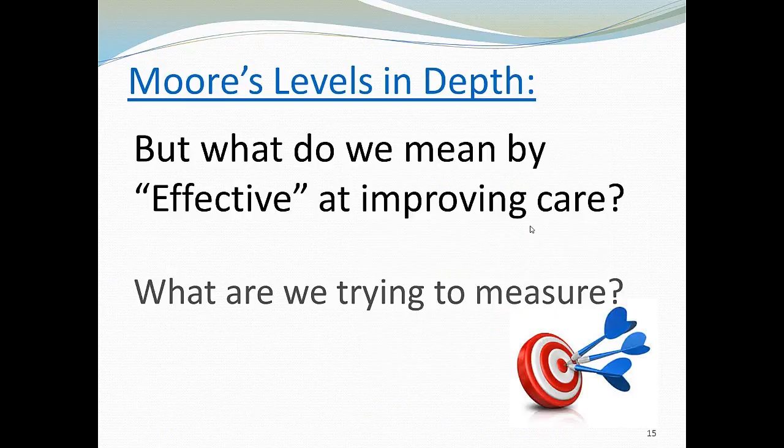So we'll get into Moore's pyramid in the pre-reading, but let's talk about some of what Jack referred to. What do we mean by effective at improving care? What are we trying to measure? Does anyone have a gut reaction to this? What basic things about care improvement can we measure?